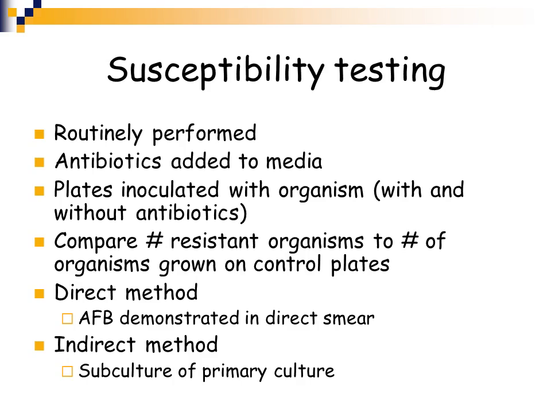You can look at your organisms directly by making a smear and looking at your acid fast staining, and your indirect method to look at Mycobacterium is subculturing. But for susceptibility testing, usually it's going to be done in the systems.